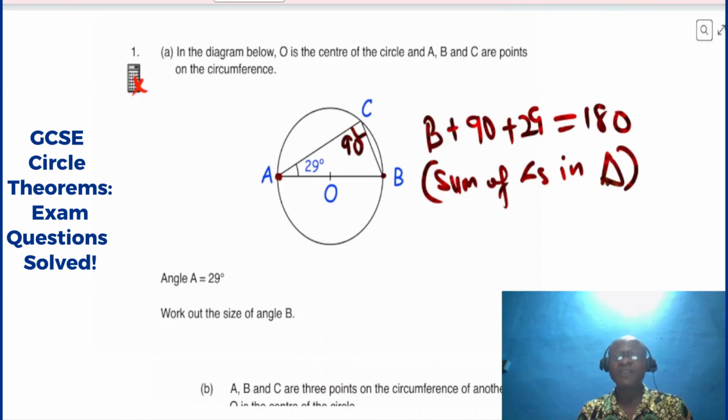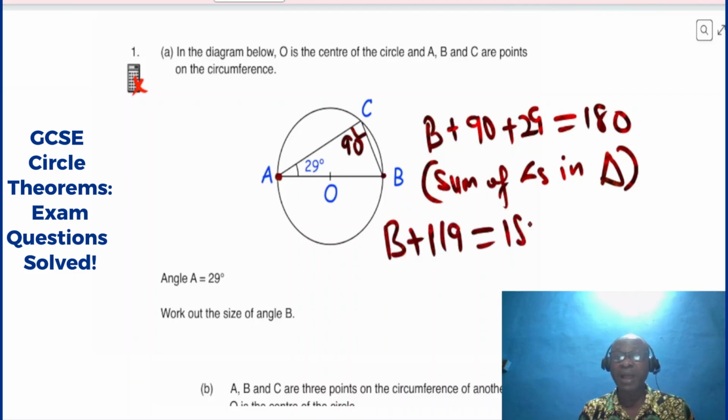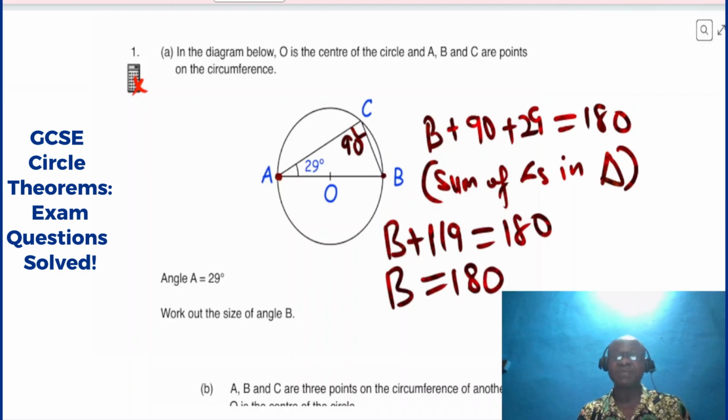Yes, sir. Even from elementary school, it is done. So B plus 90 plus 29 is going to give us 119 equal to 180. Remember the reason why I equated to 180, because it is a triangle and the three angles of a triangle must not be more than 180 or less than 180, but exactly 180. So now it will be 180 subtract 119, which is equal to 61 degrees.